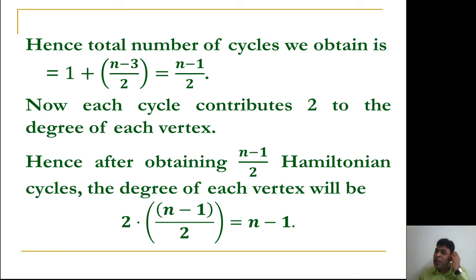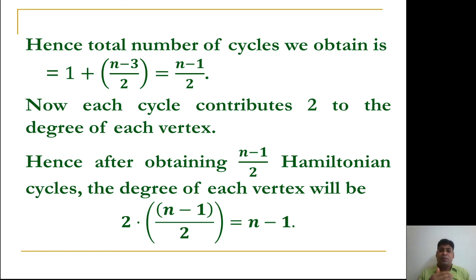And since every Hamiltonian cycle is covering every vertex, every vertex will have degree 2 due to one cycle. Now how many circuits have we traced out? (n minus 3) by 2 plus 1, that is (n minus 1) by 2. (n minus 3) by 2 due to the rotations and one original polygonal pattern. So in total we obtain (n minus 1) by 2 Hamiltonian circuits.